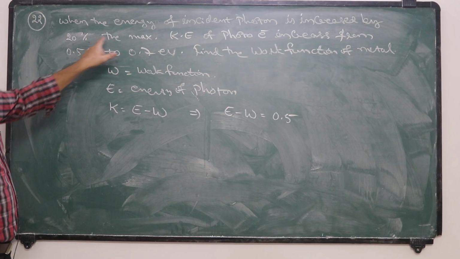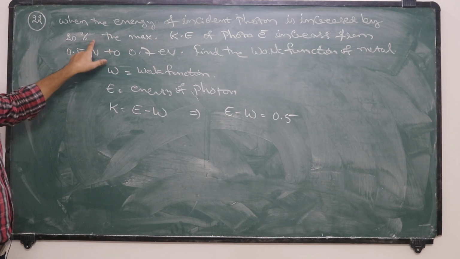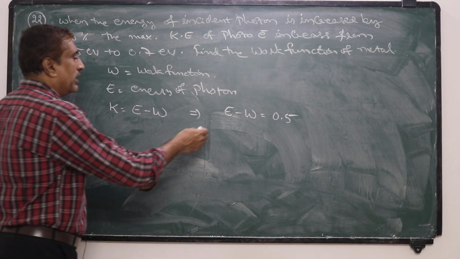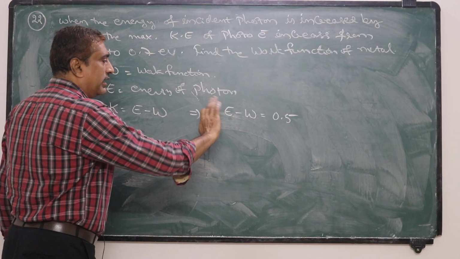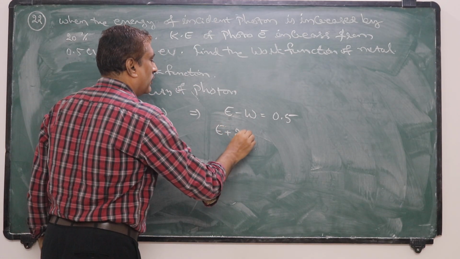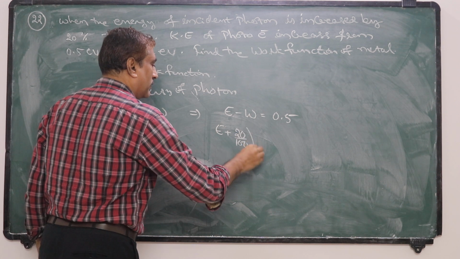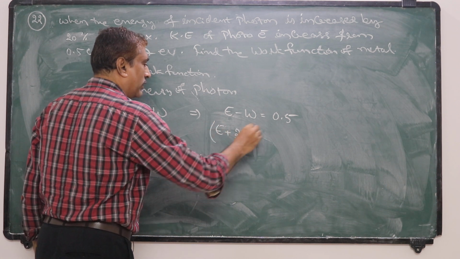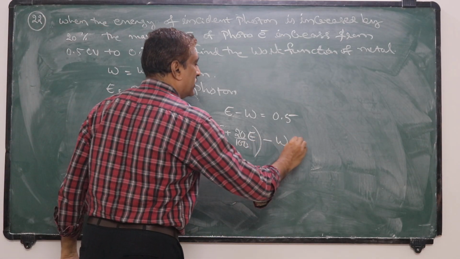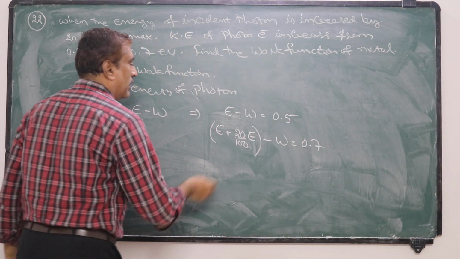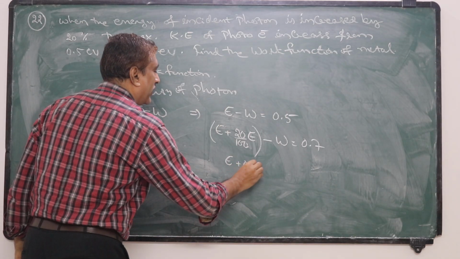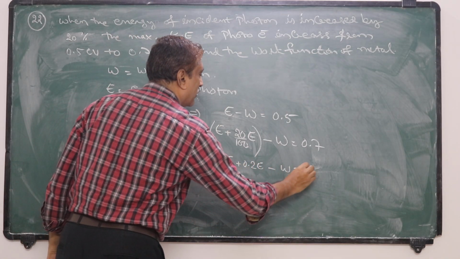Next, if the incident energy is increased by 20%, kinetic energy changes to 0.7 electron volt. That means the incident energy, increased by 20%, is E plus 20 by 100 into E. Initial plus 20% minus W is equal to 0.7. Now we can write this equation as E plus 0.2 E minus W equal to 0.7.